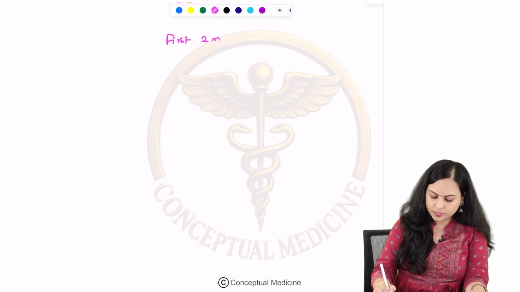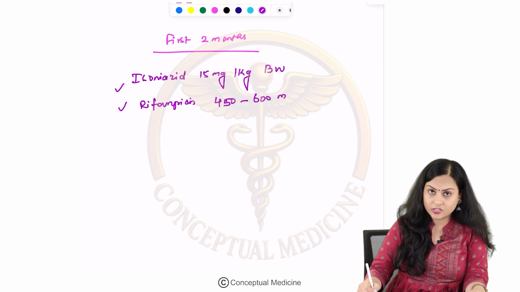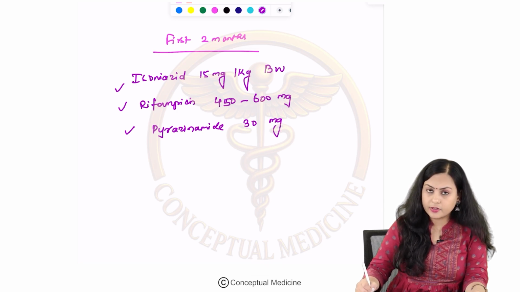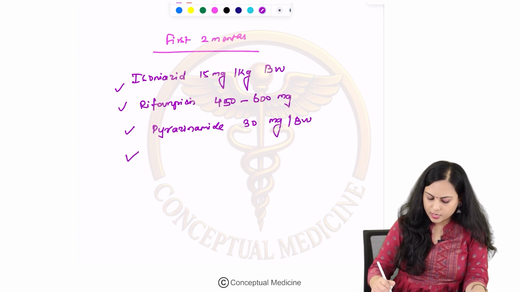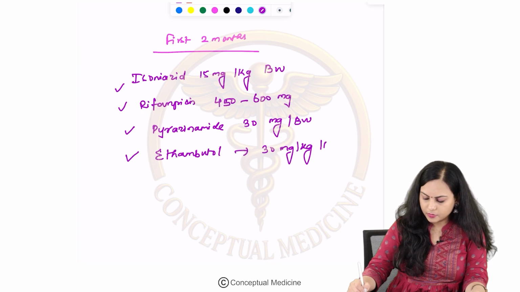For the first 2 months, you have to give isoniazid at a dose of 15 milligram per kilogram body weight. You can even give rifampicin at a dose of 450 to 600 milligrams, pyrazinamide at a dose of 30 milligram per kilogram body weight, then ethambutol that can be given at a dose of 30 milligram per kilogram body weight.